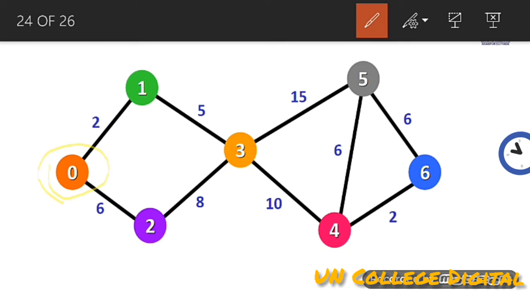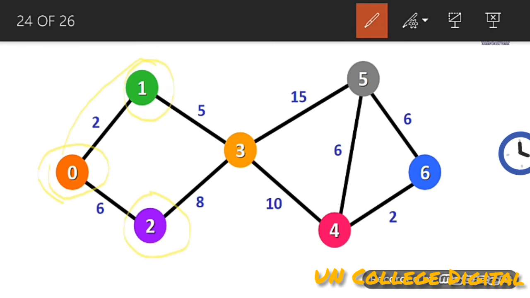When I have selected 0, the adjacent vertices are 1 and 2, and I will check the two weights given on the edges, 2 and 6. As 2 is lesser in comparison to 6, I will select this one. I will select 0 to 1.